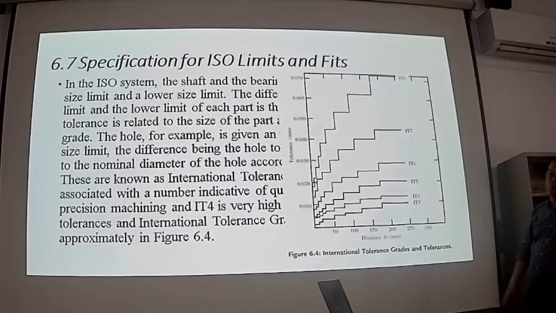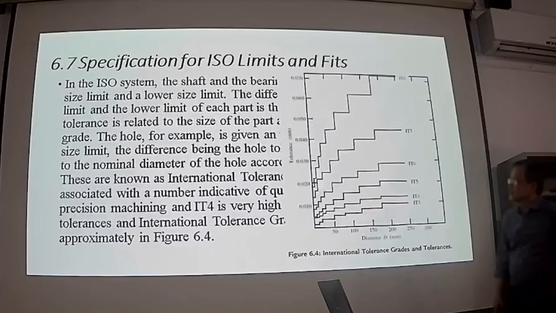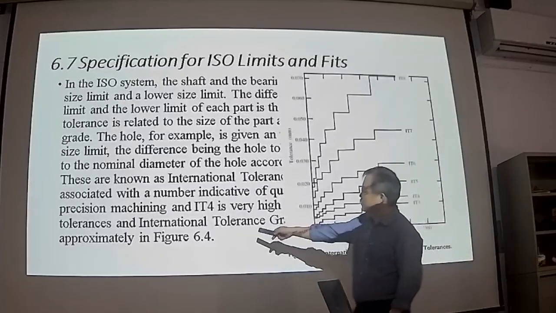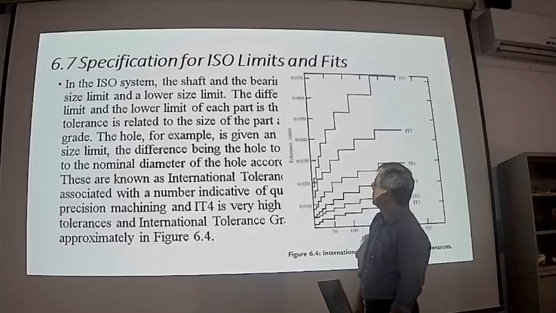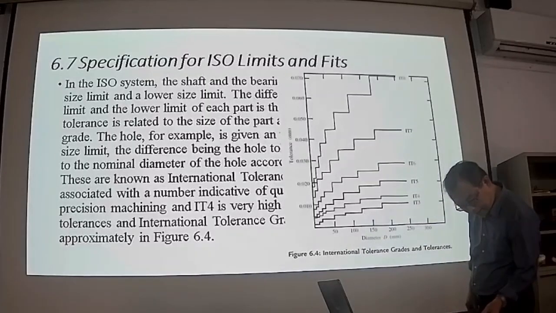The smaller the tolerance grade, the higher the production cost. Okay. So usually, here we have some comments.